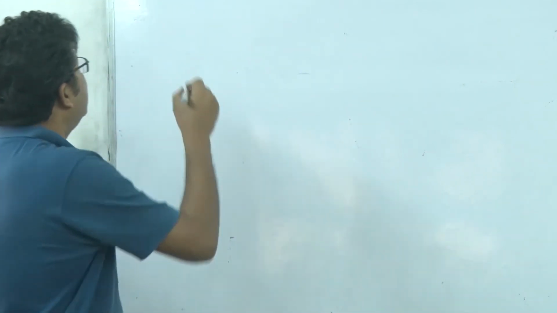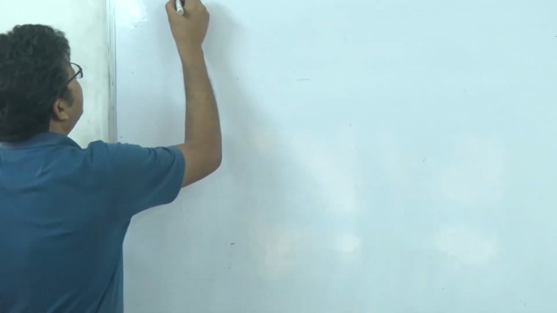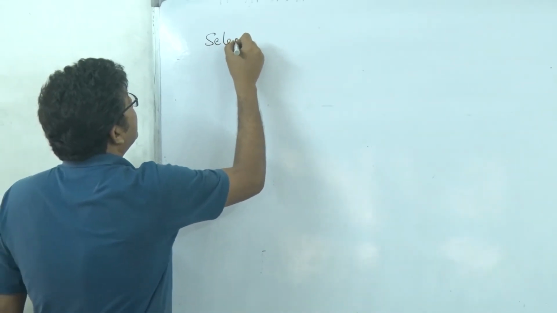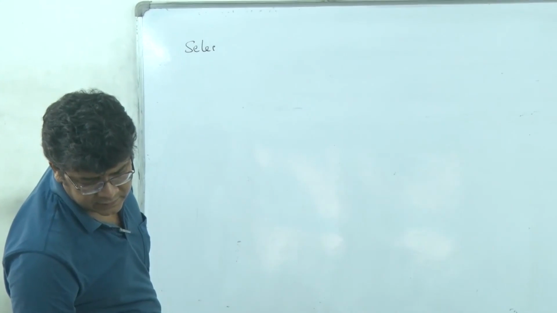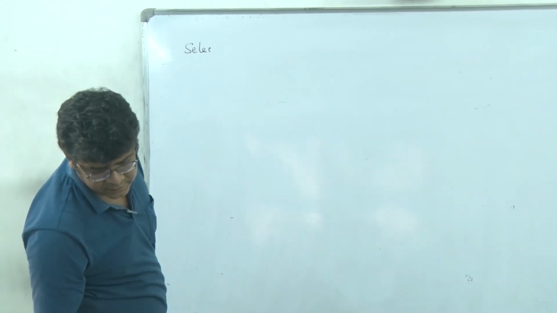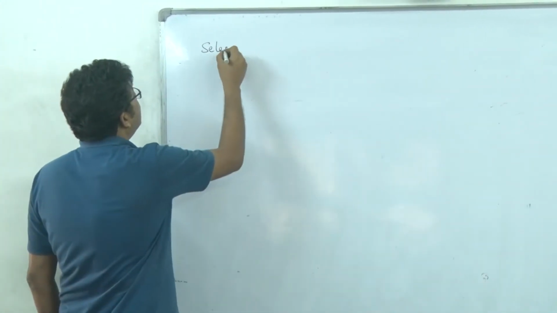So when are we going to use selective control? We have one manipulated variable and multiple control objectives. So the second topic is selective control.